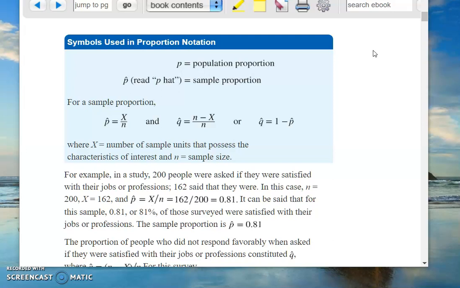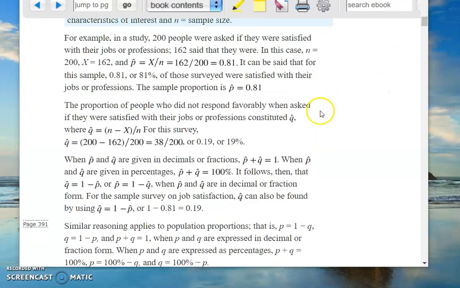The Q hat is the proportion of people that are not successful, in other words, it does not have the characteristic. So in this example, Q hat would be the proportion of people that were not satisfied with their job. Or Q hat is the proportion of people that did not test positive for a virus.